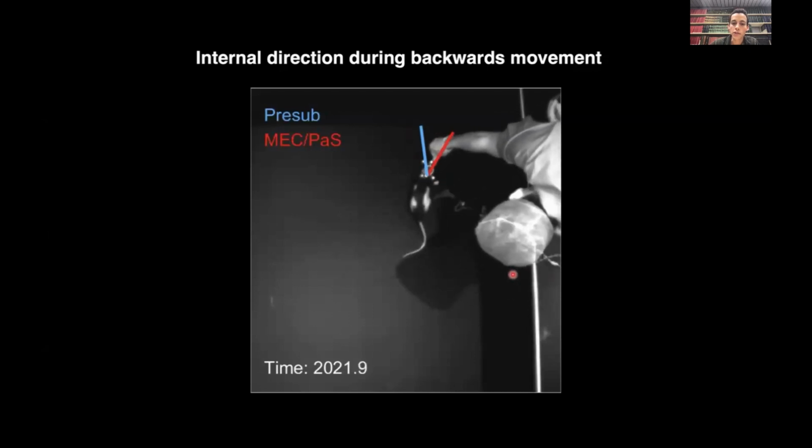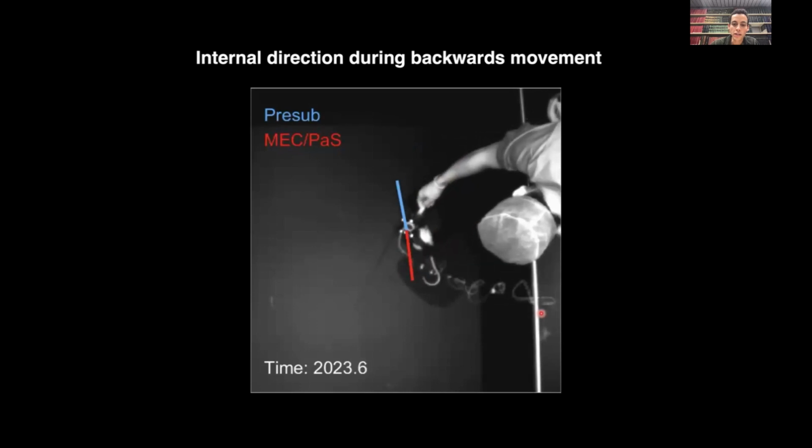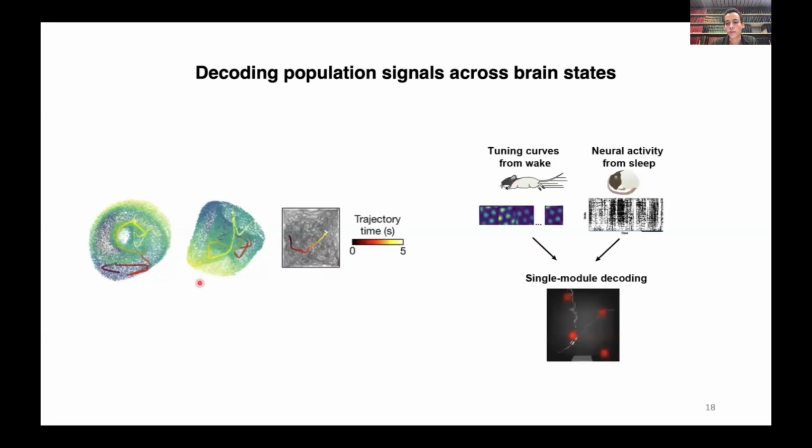And we can also do this during other behaviors such as backwards walking. And lastly, we can use our knowledge about the spatial navigation system and the topology of the population activity in grid cells, which we know are constrained to this toroidal manifold, to apply our decoder during sleep.